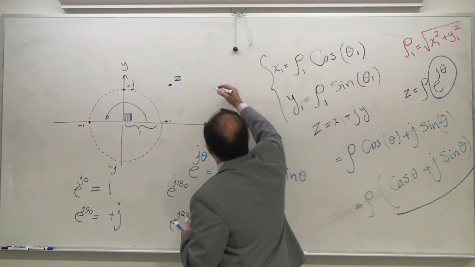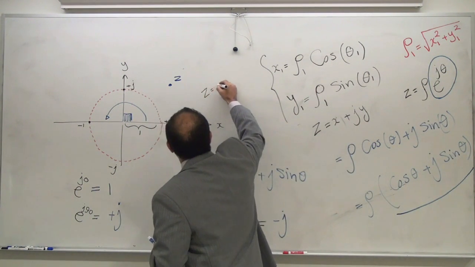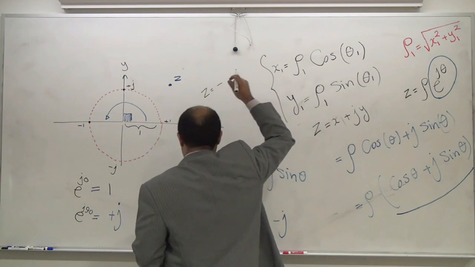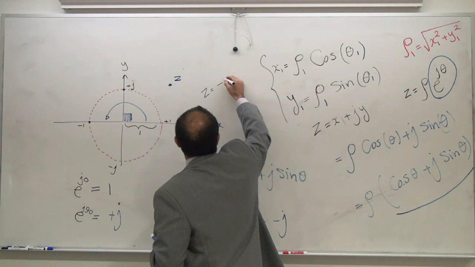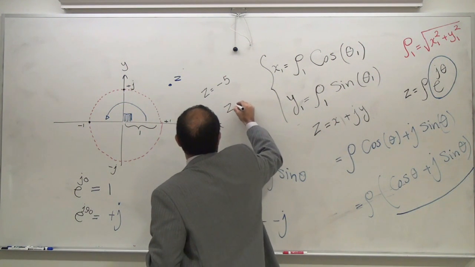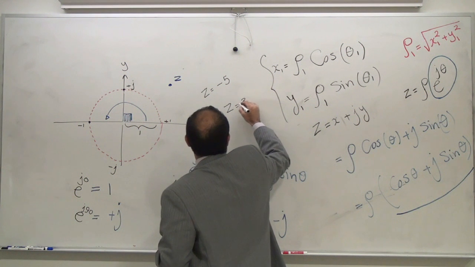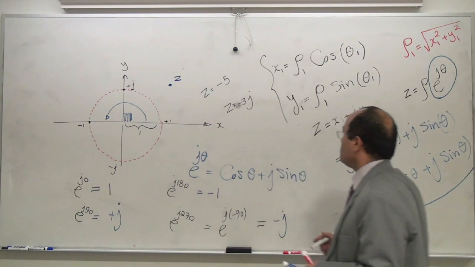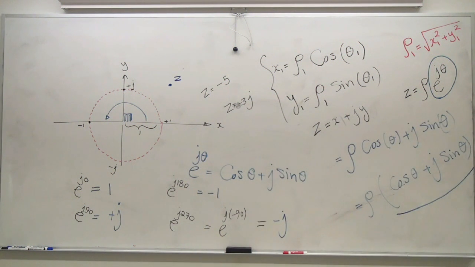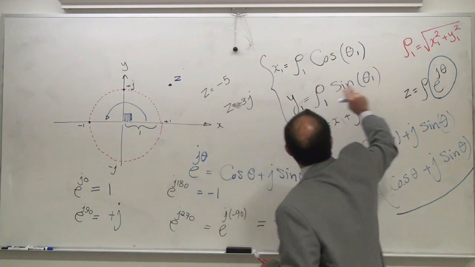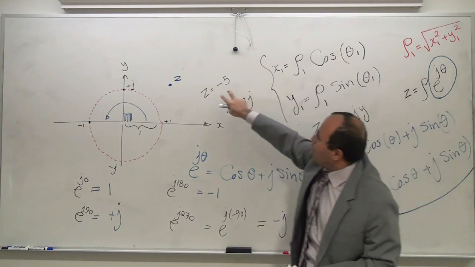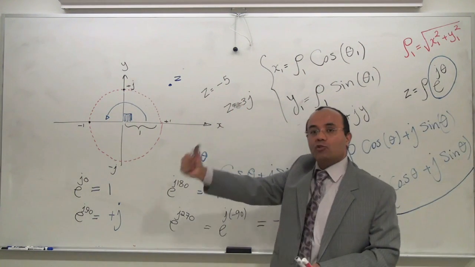If I ask you that a number is basically 5, if I say it's minus 3j, how can you take this to the polar domain? Remember, in the polar domain, rho is always positive. So I have to absorb the negative sign into my angle.